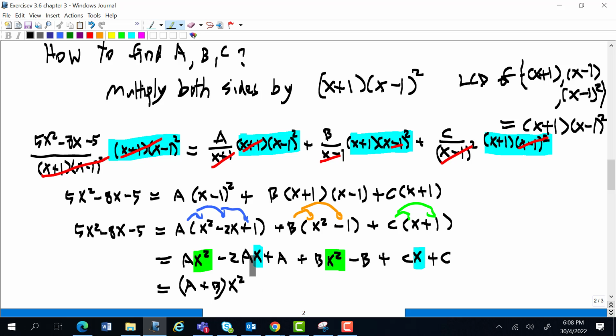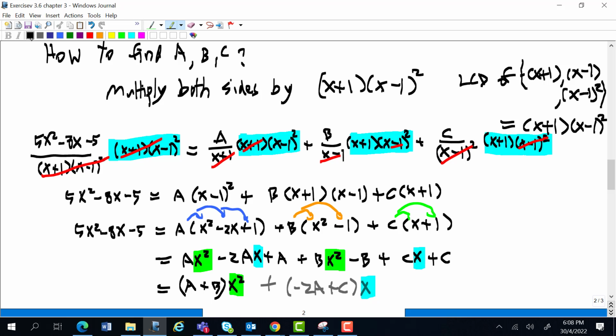So you get minus 2a plus c of x here. So just now I have this x squared, now I have x, then plus a constant.